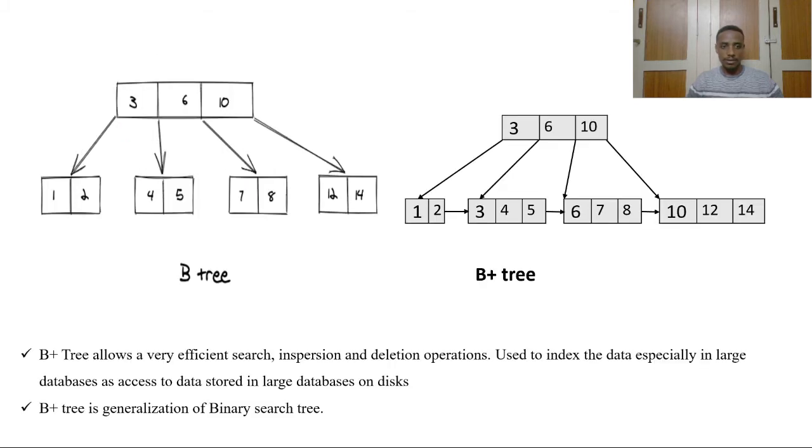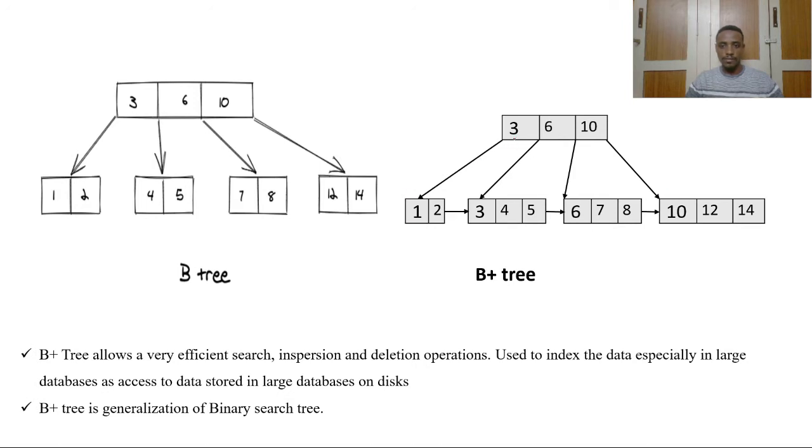So from a B tree you can have a B+ tree, so it is an extension of a B tree, that is a balanced tree. A special case in a B+ tree is that all the leaf nodes are connected by a linked list like this. All leaves are also sorted from lower value to higher value, like ascending order.